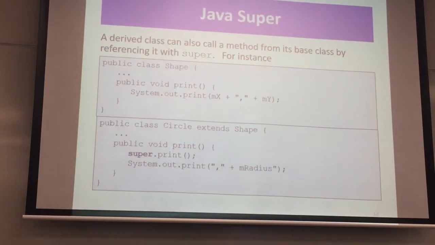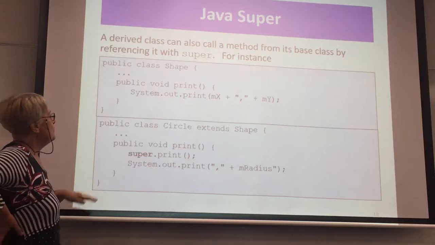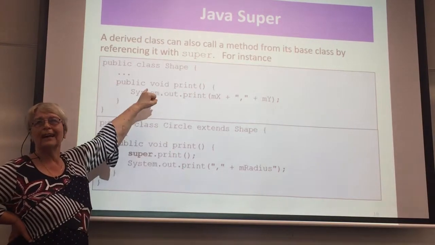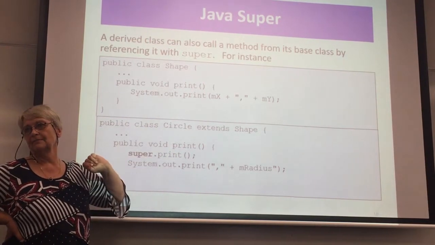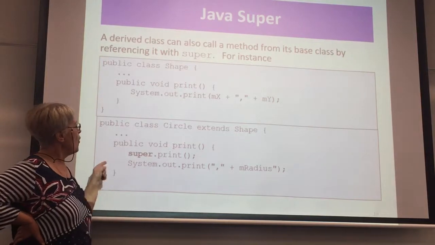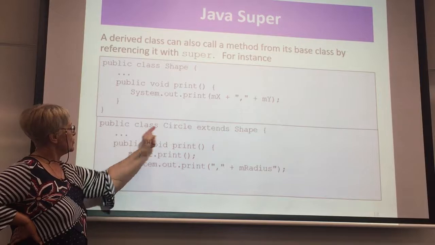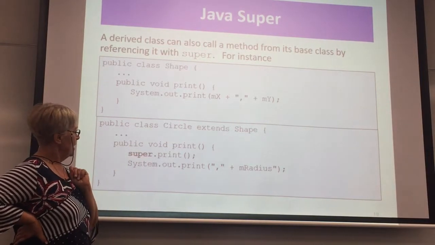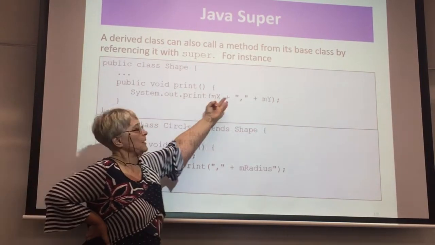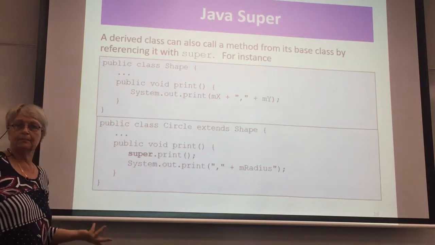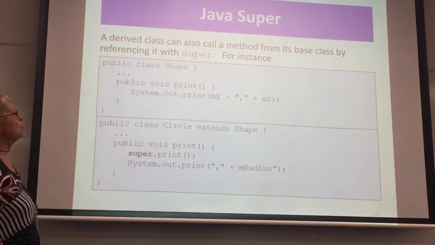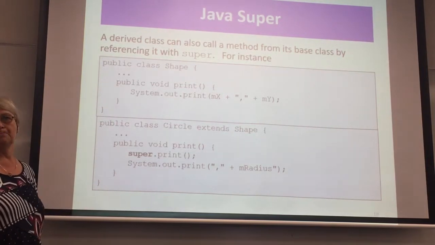And you can use super to invoke a method in the base class. When we have overridden print, we don't want to repeat the code, and we would like to use information which was already written.